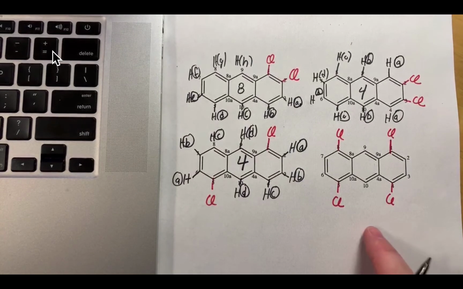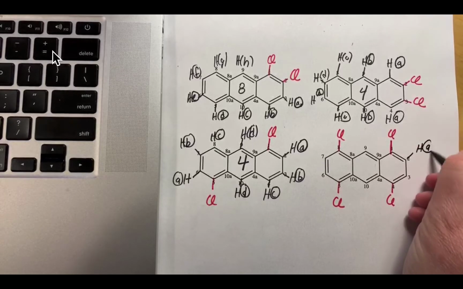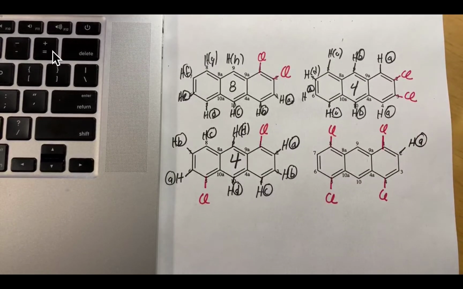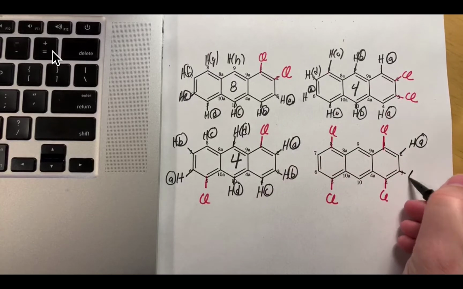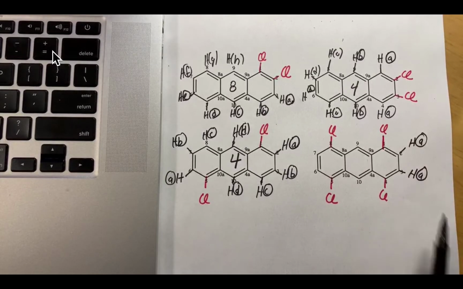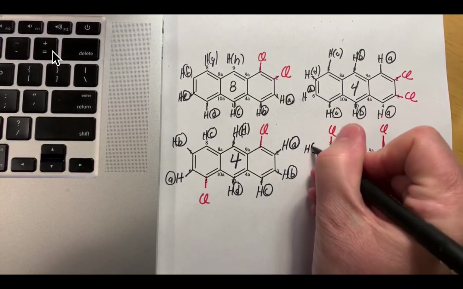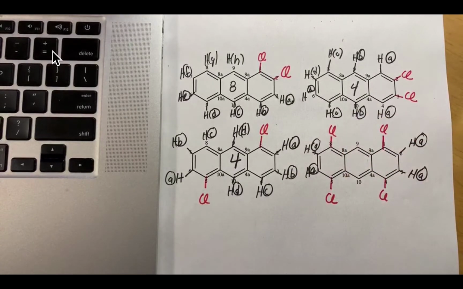All right, this is going to be my most symmetric one. I'm going to label any random hydrogen, label that one A. There's a mirror plane that goes through the molecule, so I can carry A down to here. But there's also a mirror plane that goes this way through the molecule, and so both of those A's can get carried over to here.